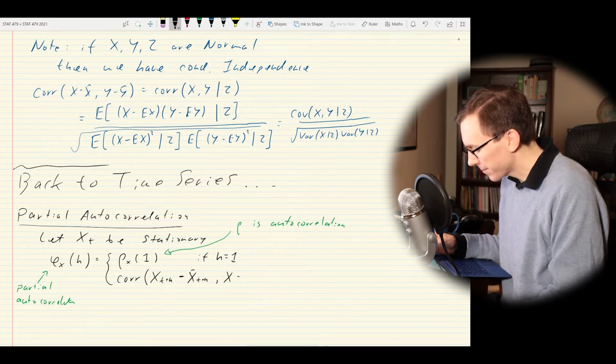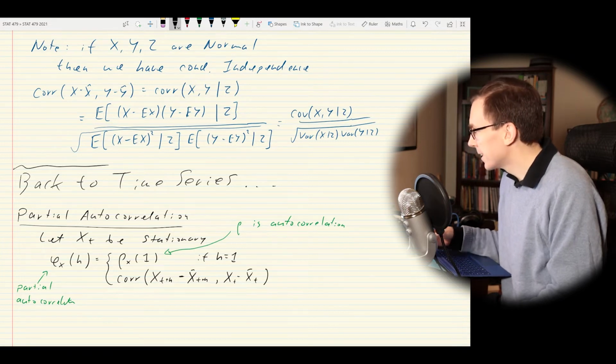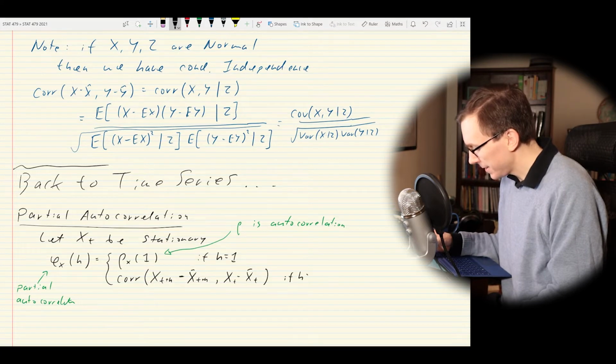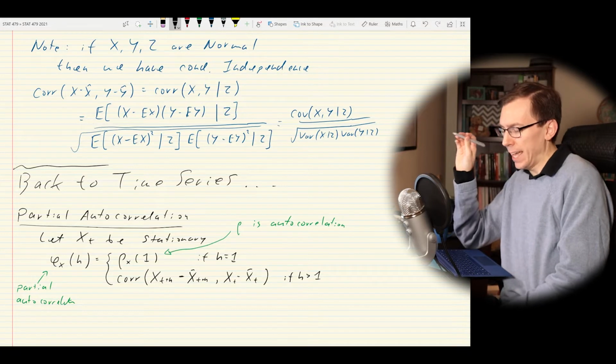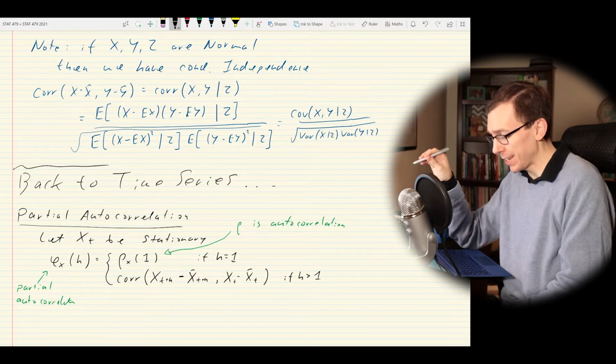So we'll have to write it out like this, if h is greater than 1. So we're going to have partial correlations if the lag is greater than 1.